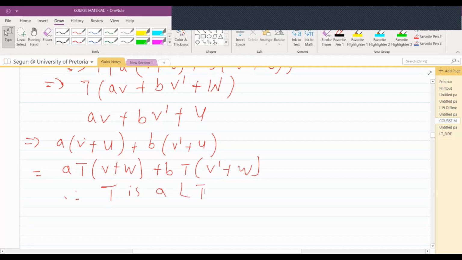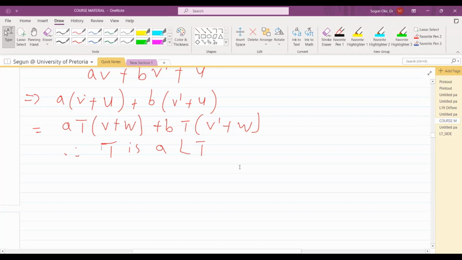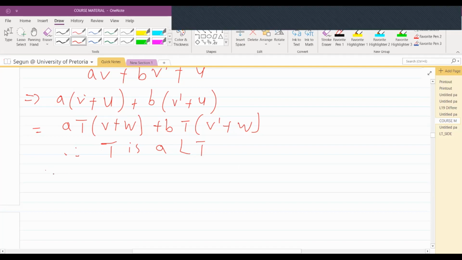We already brought out our scalars and made it in this format. Then lastly, we are to show the kernel; we know the definition for that, and I will ask us to go and solve it on our own.